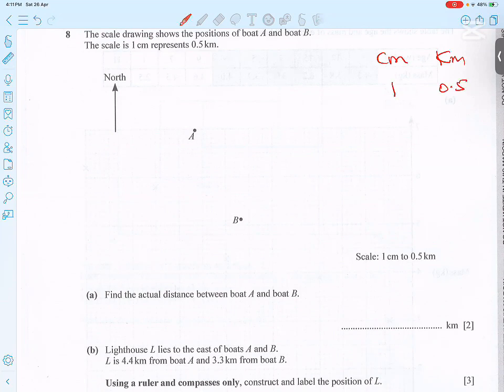Done. Now it says find the actual distance between A and B. So I want to find this distance. How to check it? Take a scale and I will check it. Let me count. According to my diagram, it is coming 1, 2, 3, 4, 5 centimeters.